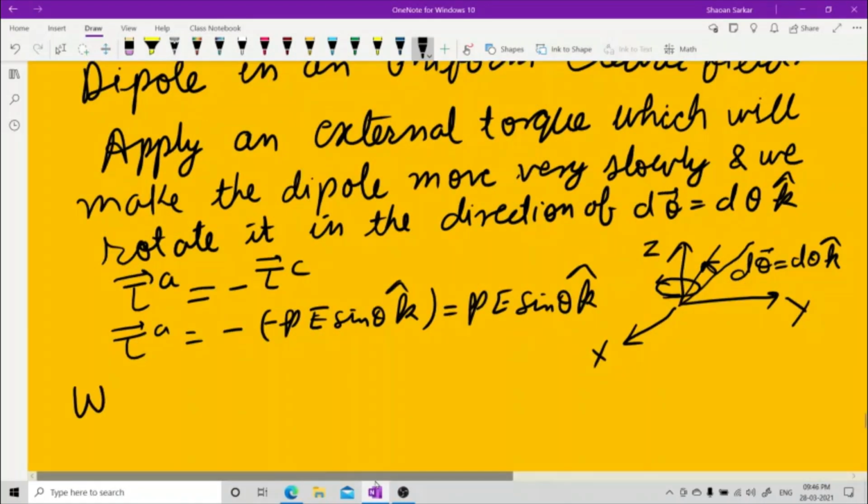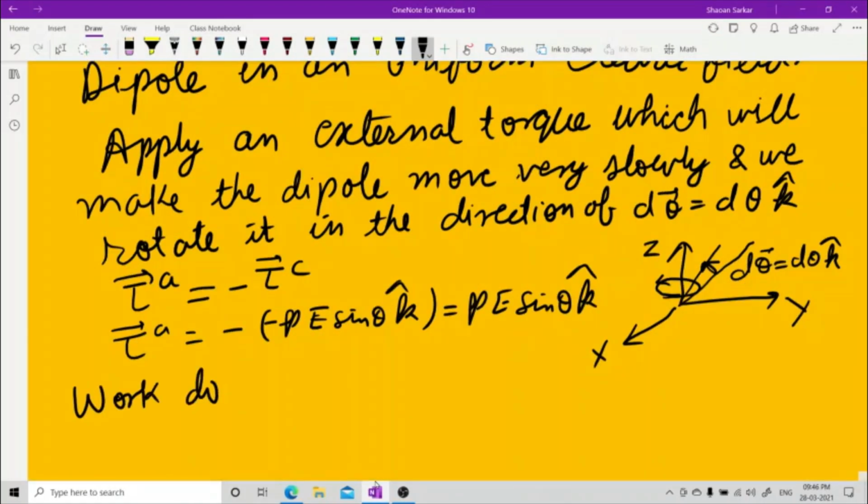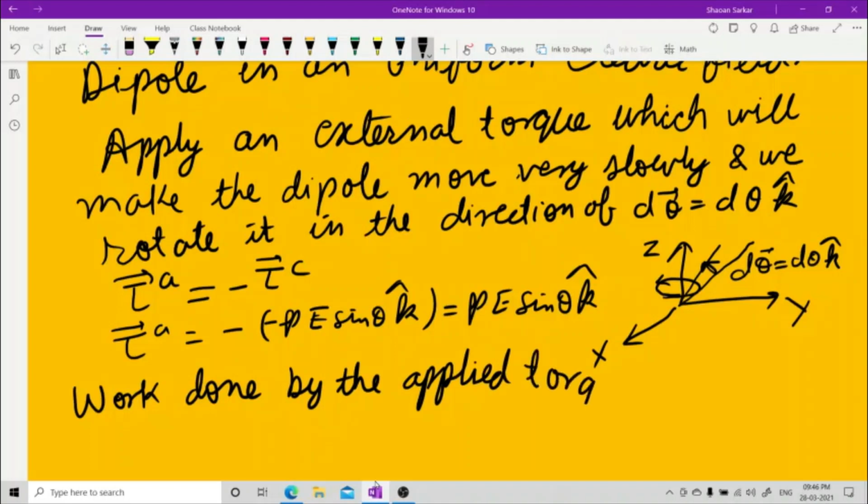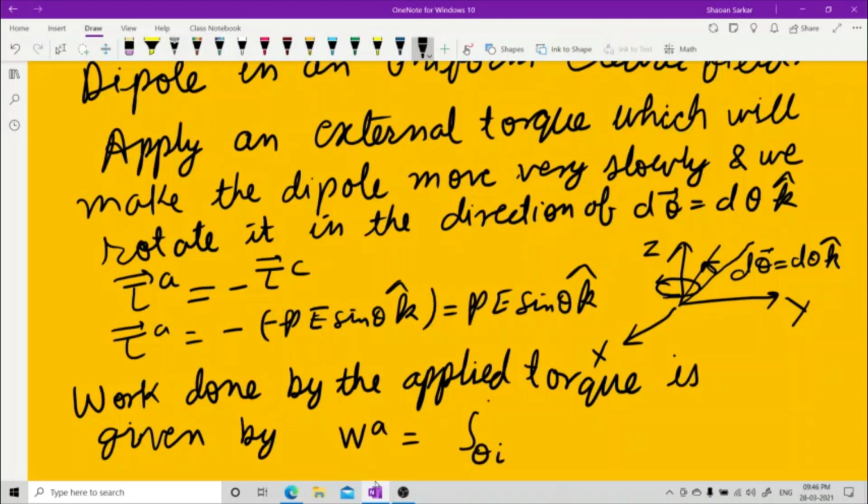Now, work done by the applied torque is given by W applied equal to the integral from initial to final position of the torque applied dot d theta vector.